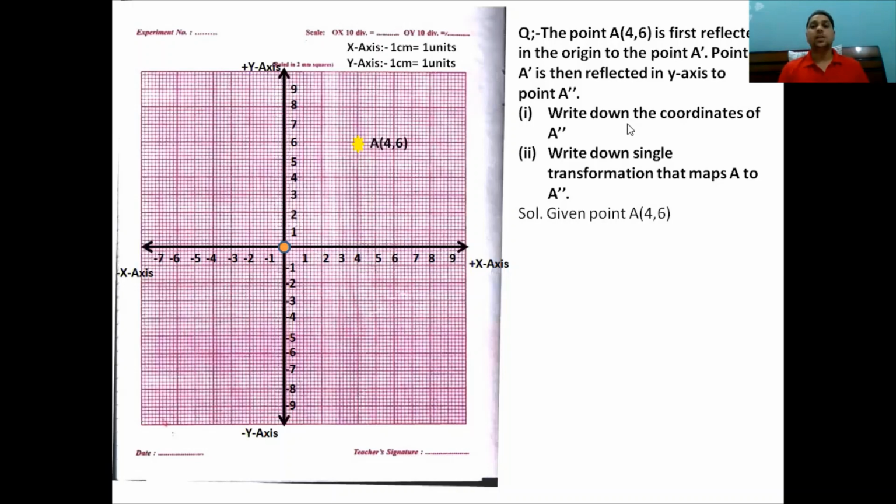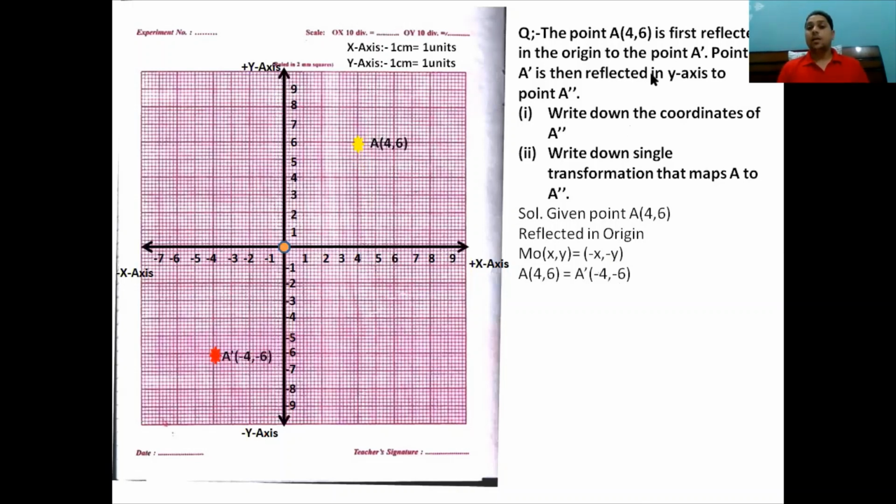Then we have to change the sign of both abscissa and ordinate. That means A' will be (-4, -6). We have changed the sign of both x and y, so 4 and 6 change into -4 and -6. Proceeding from here, we have -4 and here we have -6. So this is the image of this point.